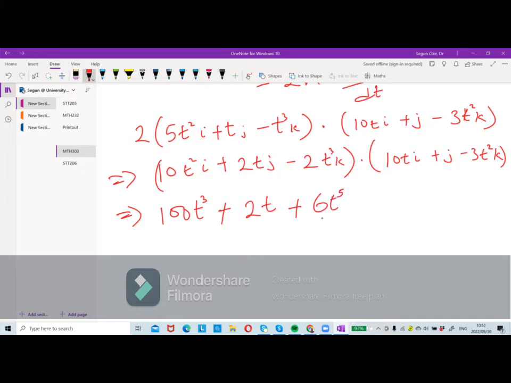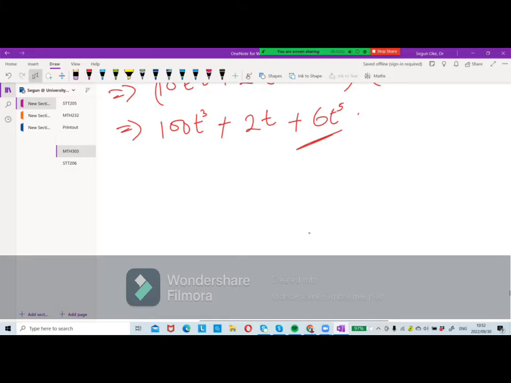You don't need k again. Don't forget, k multiplied by k will be 1. So any question? That's question 1.